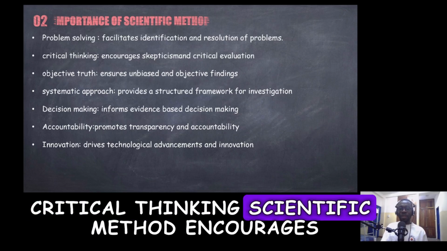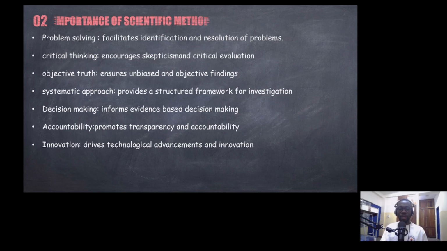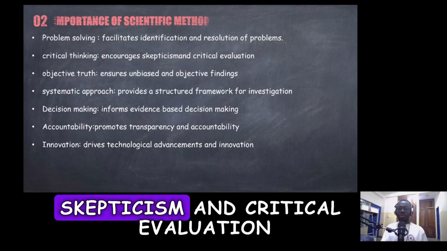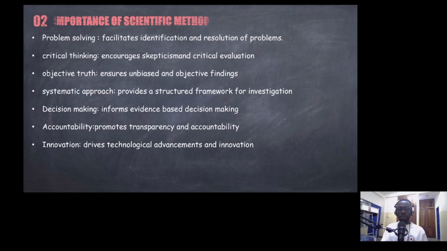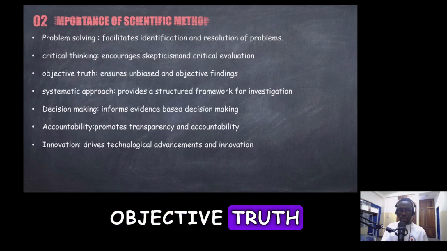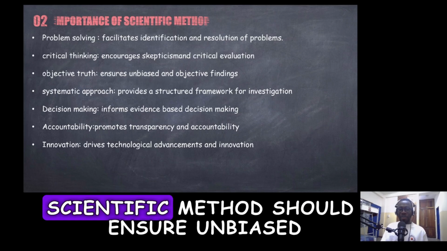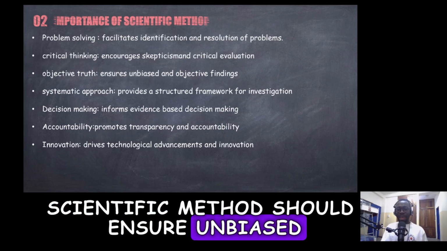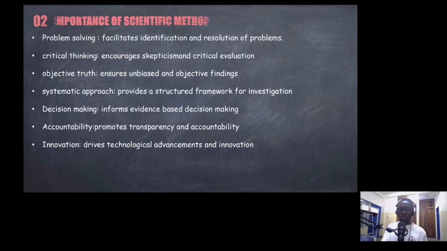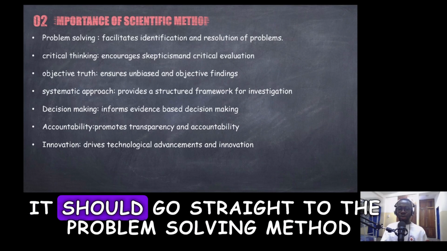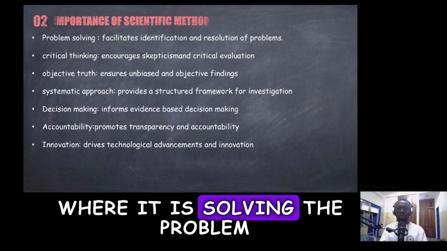Critical thinking: the scientific method encourages skepticism and critical evaluation. Objective truth: the scientific method should ensure unbiased and objective findings. So there shouldn't be bias anywhere. And then it should go straight to the problem solving method where it is solving a problem.